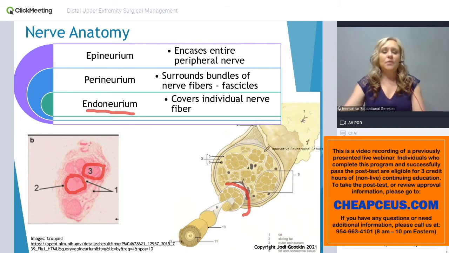And then within those different bundles, we're going to have located our vasculature. It's important to remember that there is a vascular supply to the nerve itself that's coming in here where we see number 1. In between all of that, we have a connective tissue layer. And all of this together is going to be our nerve.